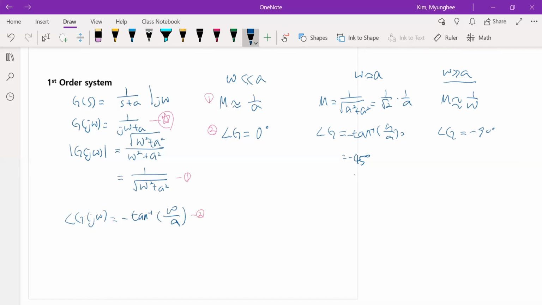what you can get is, for the magnitude, 20 log of G. For the part where omega is very, very much smaller than a, the magnitude is 20 log of 1 over a, which is negative 20 log a.